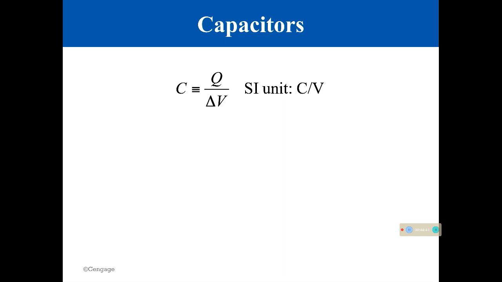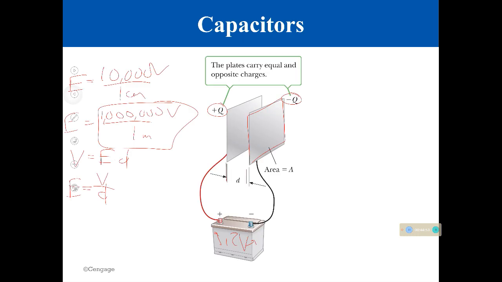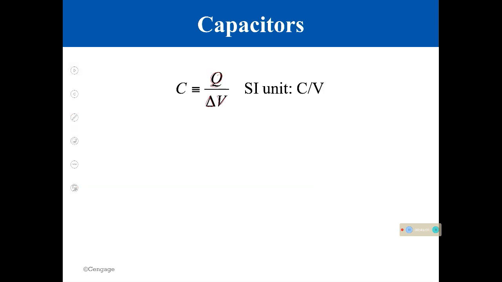Capacitance is defined as how much charge you can store for a certain amount of voltage. The voltage in this case would be the voltage of the battery. The charge is right here. What would the units of that be? Well, it says it right there.